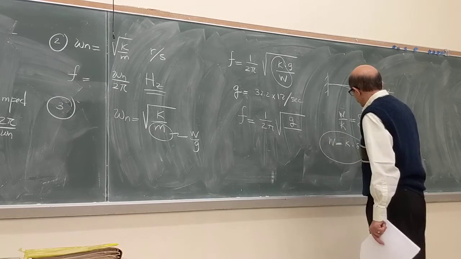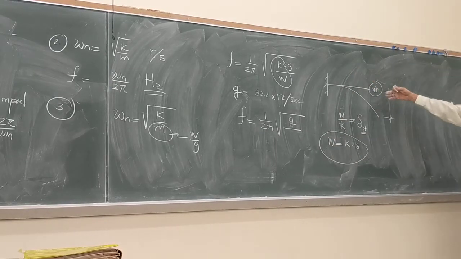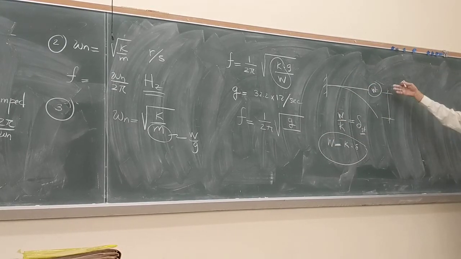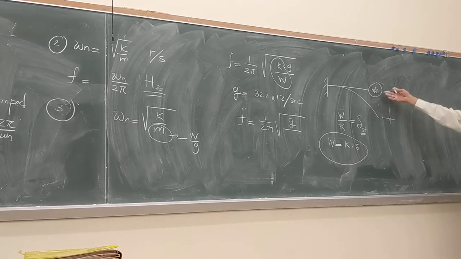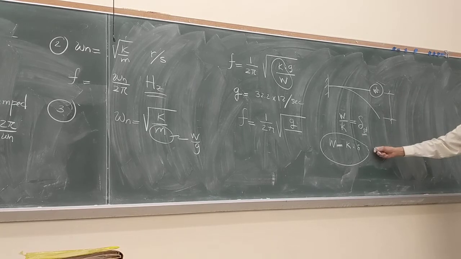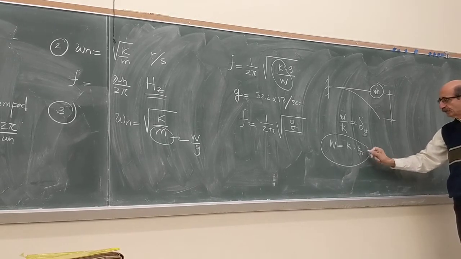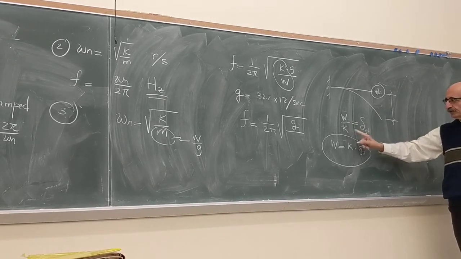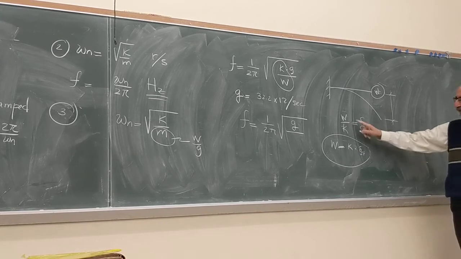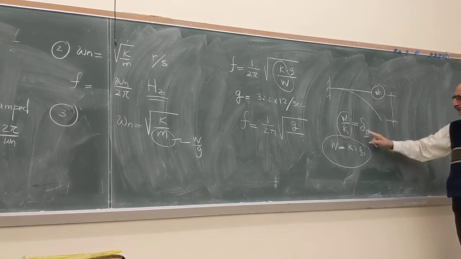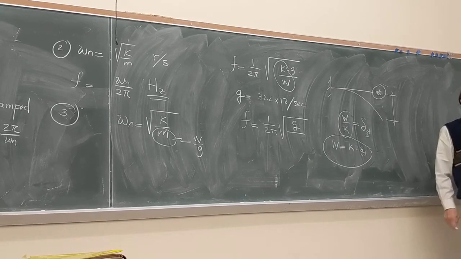The only force statically acting on a system that is not vibrating is its own weight, which gives the static deformation. So instead of W over K, you can say this is the displacement of the system under its own weight.